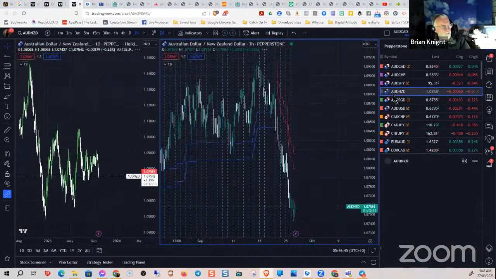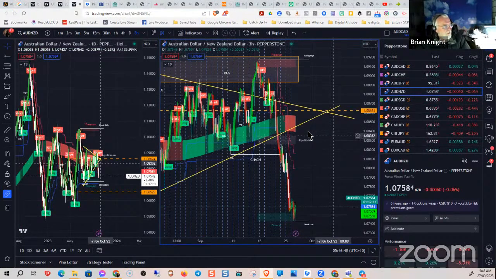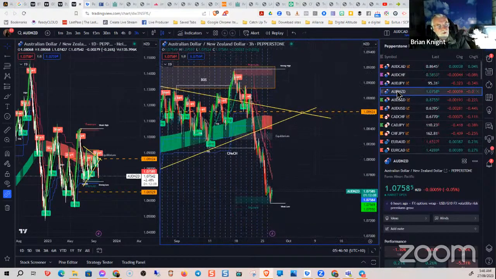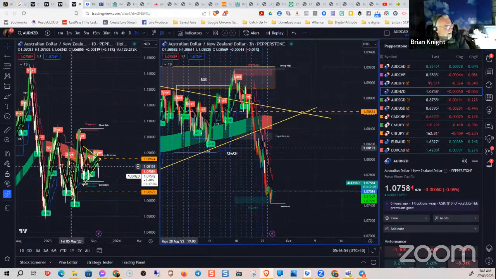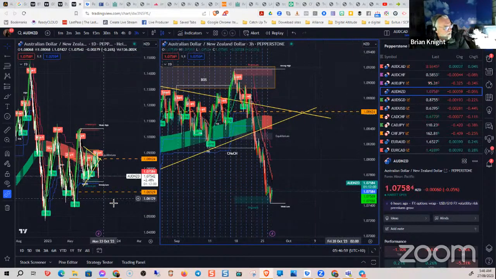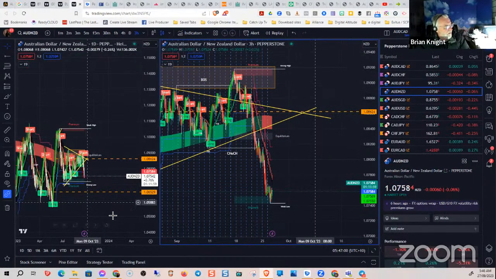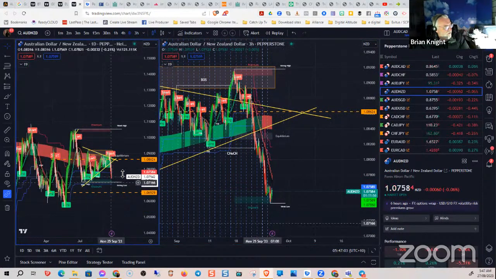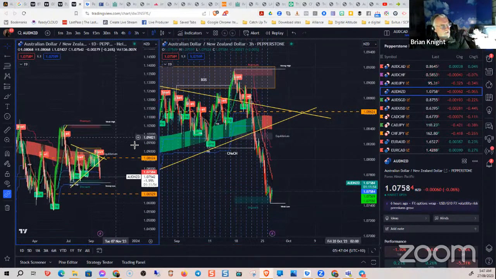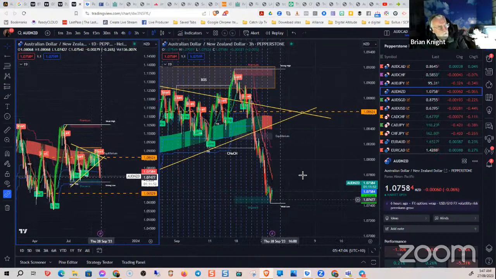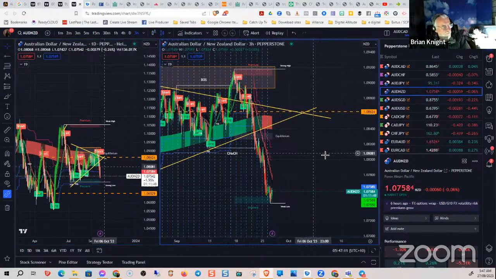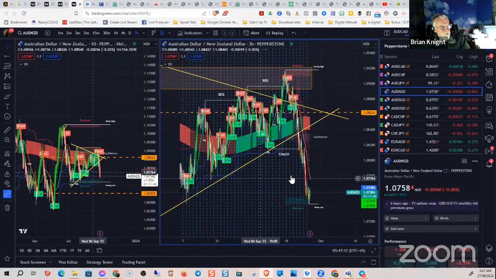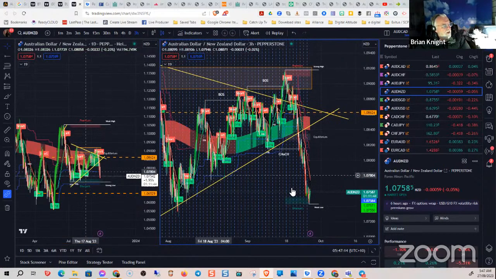AUD NZD, if anybody wants to take this, this is Aussie dollar weakening against the New Zealand. On a daily, you just see this chop, chop, chop, chop, push down. Now on the daily though, it says this is a strong low, so I don't know. You could have picked this for a number of weeks. Now there's been a change of character there and well and truly a break of structure across.